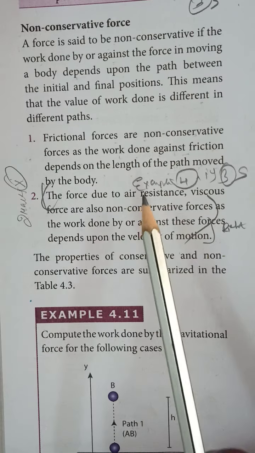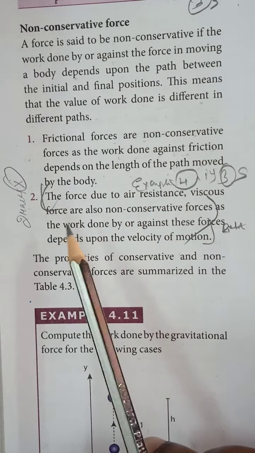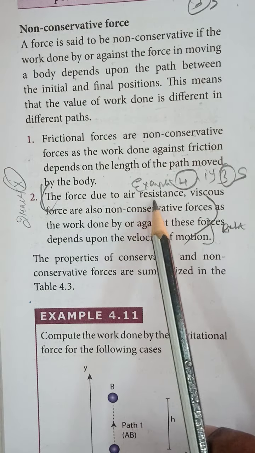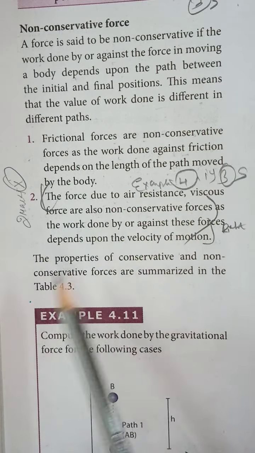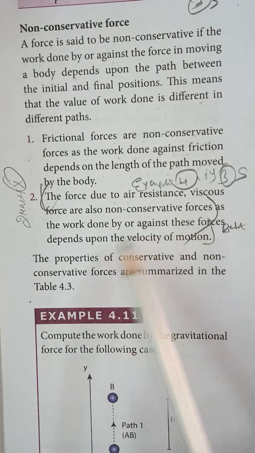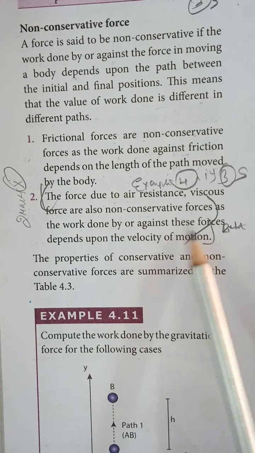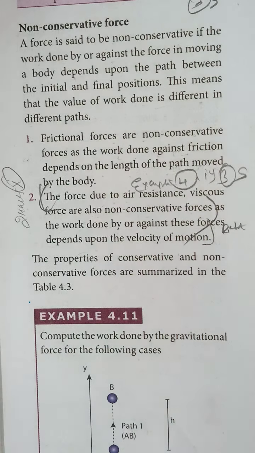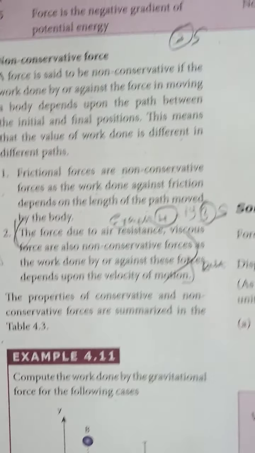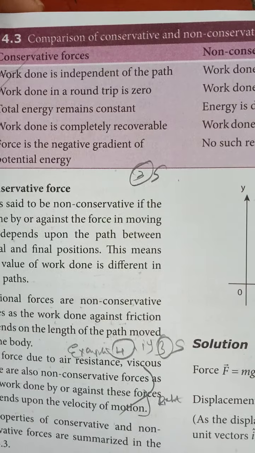So here the length is considered. Second, the force due to air resistance and also viscous force are non-conservative forces. Here also, the work done by or against these forces depends upon the speed of the motion.